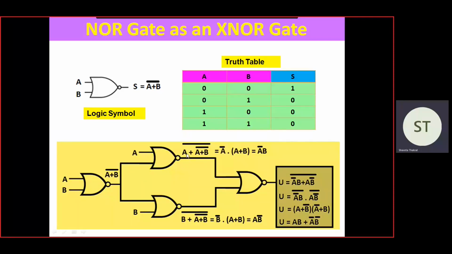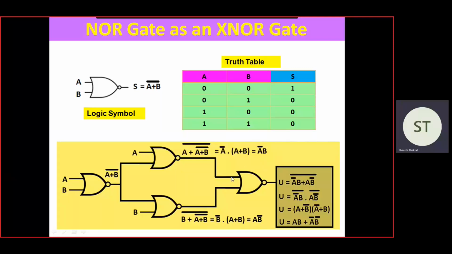Here we get A complement dot A plus B to the complement, and that will be A plus B. When we solve this, A bar A becomes 0, and here we have A bar B, and in the same way we get here A B bar.